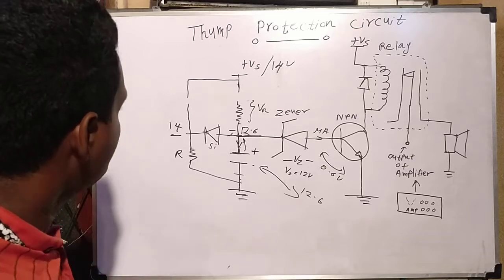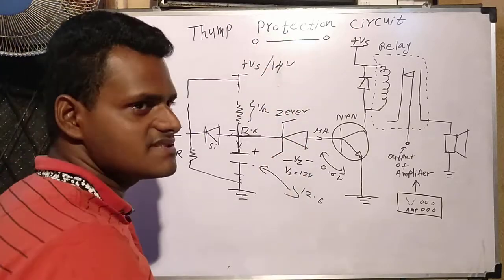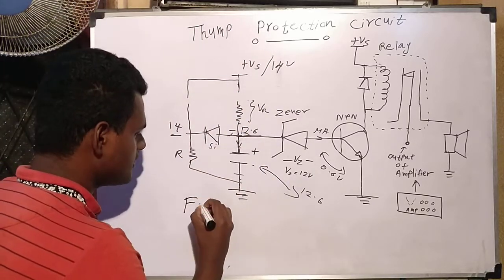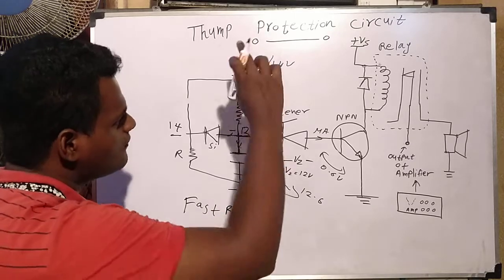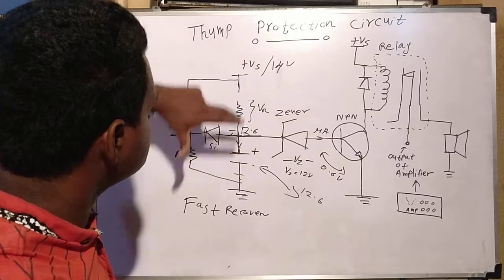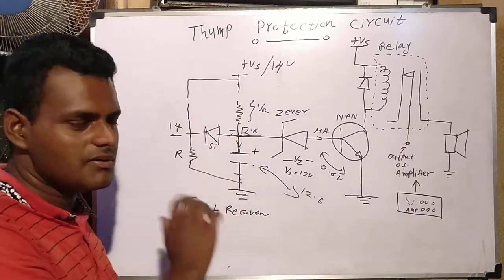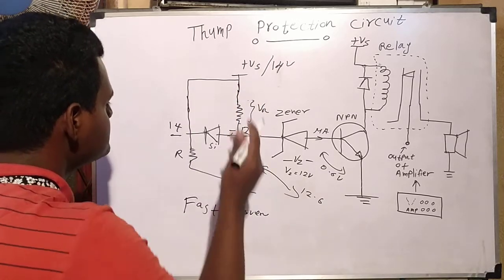This is a better method for the protection circuit. We call this method fast recovery, because it discharges instantly. I think this is the final circuit.